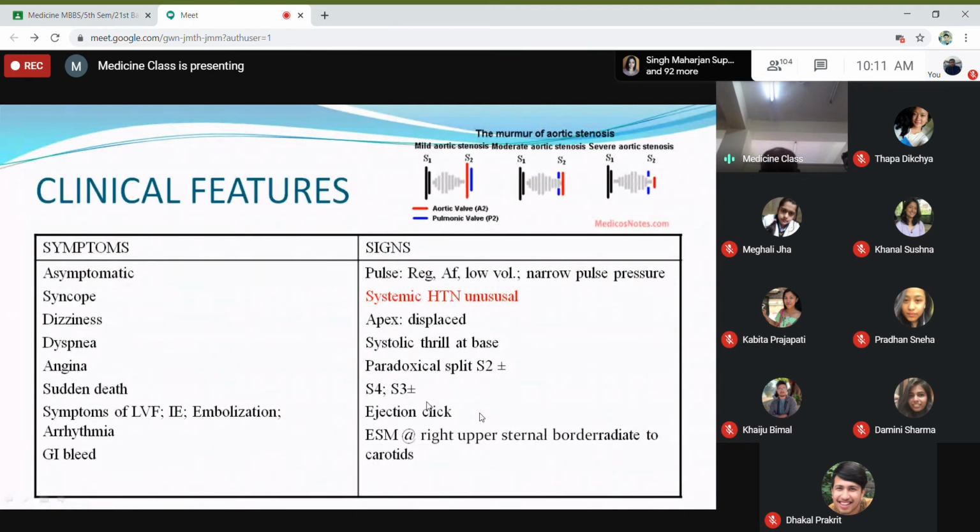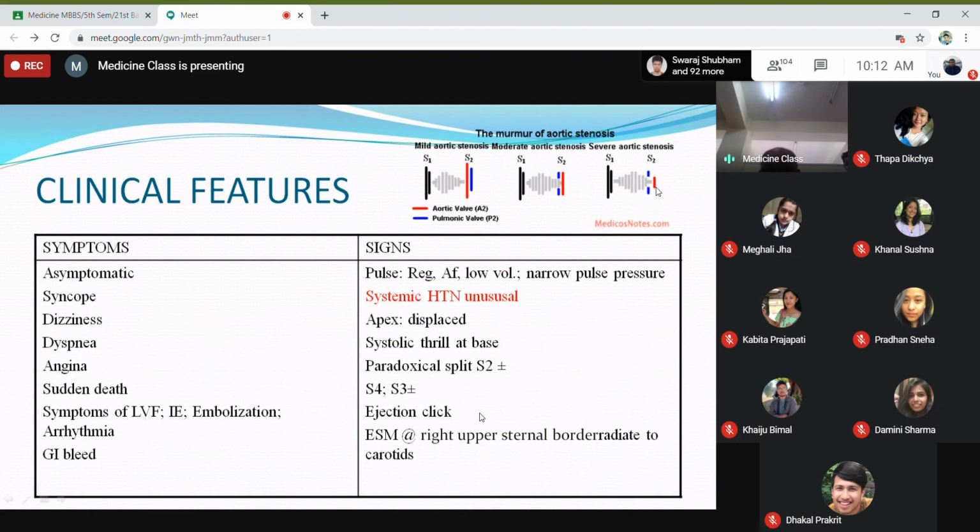There may be S3, S4, and there will be a paradoxical split of S2. Normally the aortic component comes before the pulmonary, but later on the pulmonary component of the second heart sound becomes more prominent, and the aortic valve component of S2 will be less prominent.